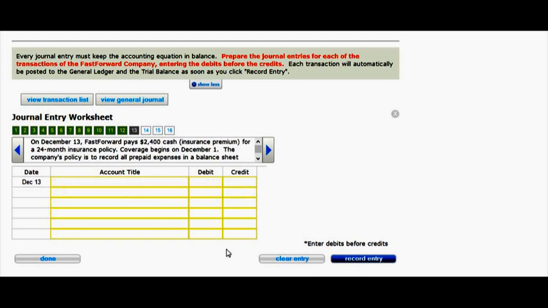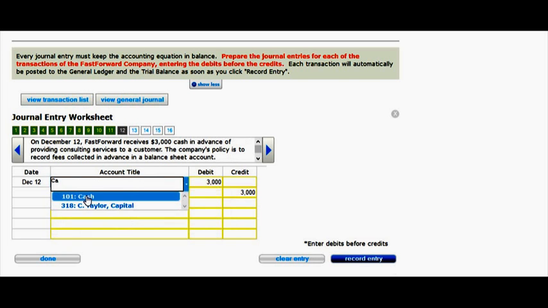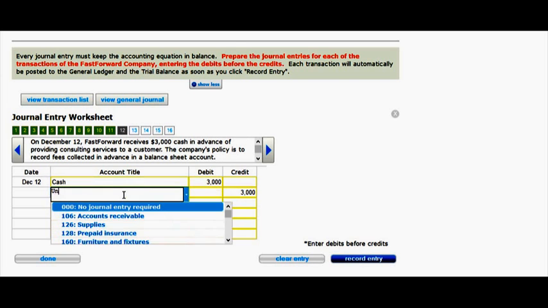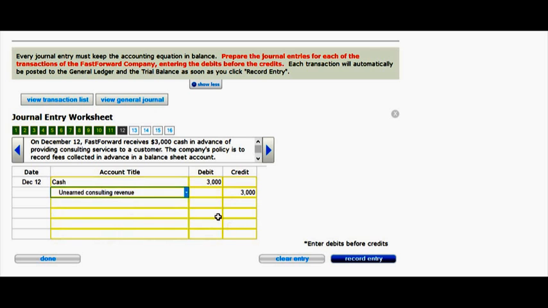I did it backwards because I wasn't thinking. So what I'm going to do is go back and fix it. Unearned revenue is a liability. And what I was thinking.